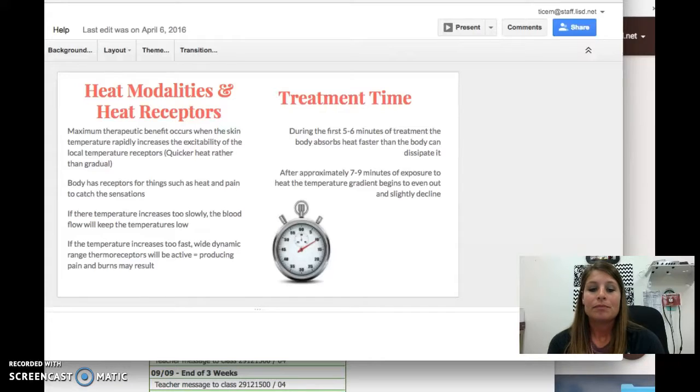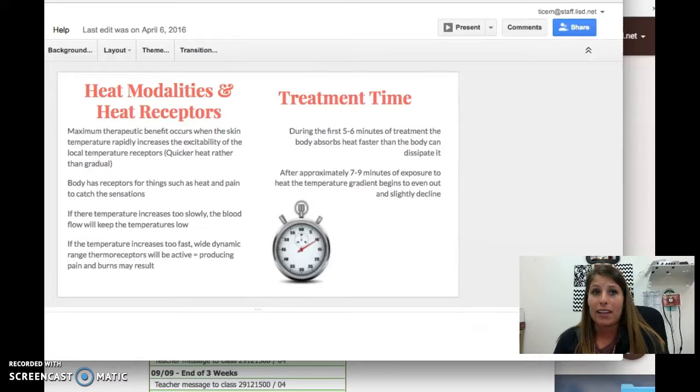All right. However, on the opposite side of things, if it is increased too fast, we have what we call these wide dynamic range thermoreceptors. And these are the ones that go bells ringing crazy off when you are in something too hot, way too fast, okay? And so I always think about this of boiling water.